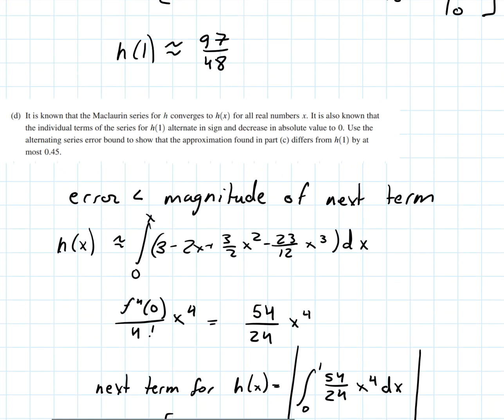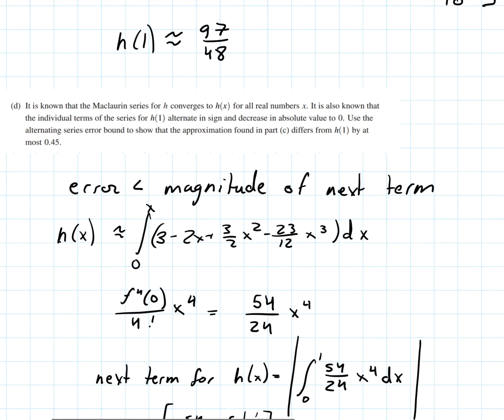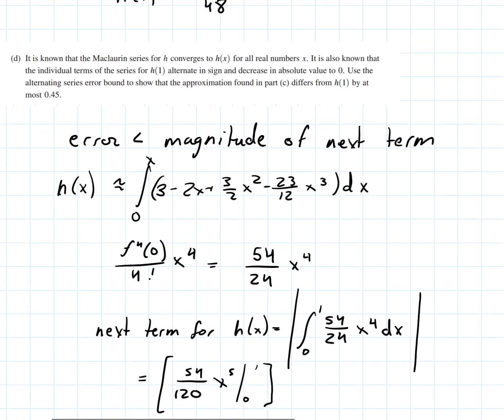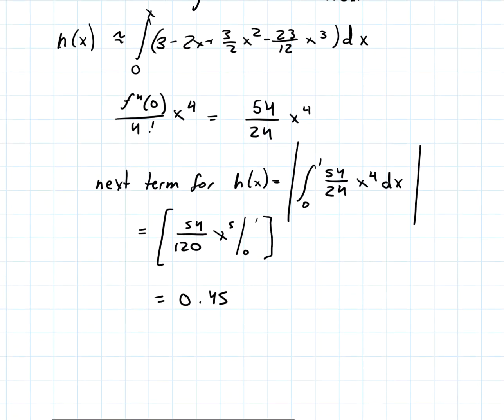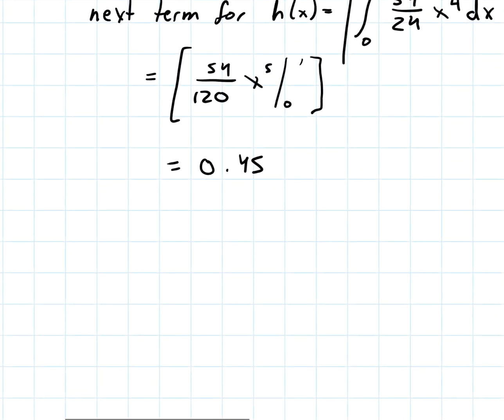So as we recall, the start of this question asks us to show that the error differs from the actual value of h of 1 by at most 0.45. So we know that the error is less than 0.45 because of our alternating series test, and 0.45 is less than or equal to 0.45.